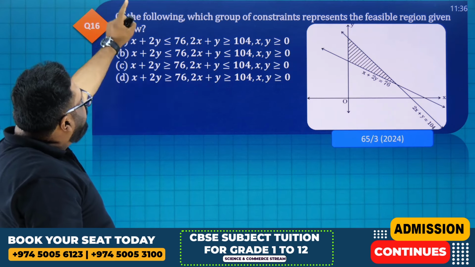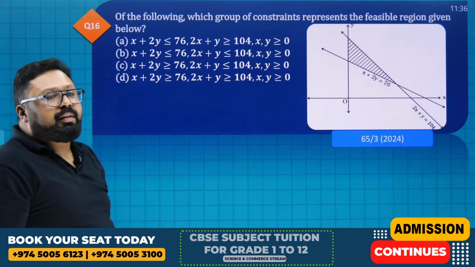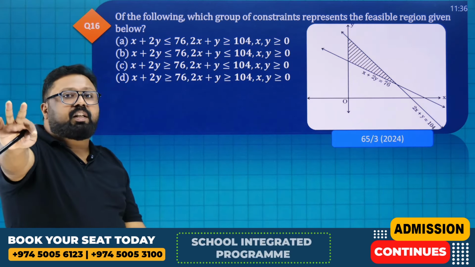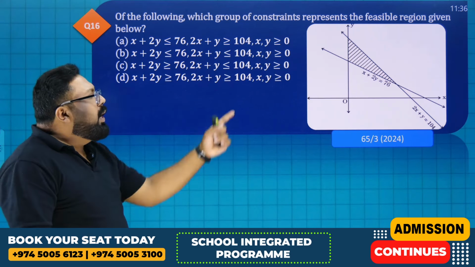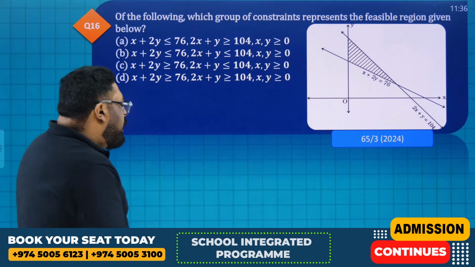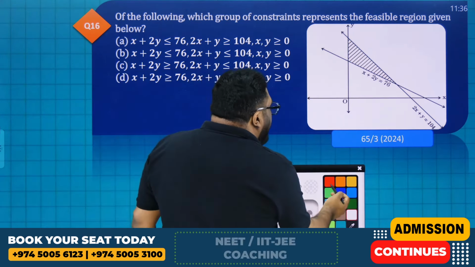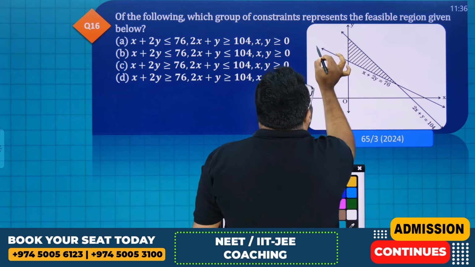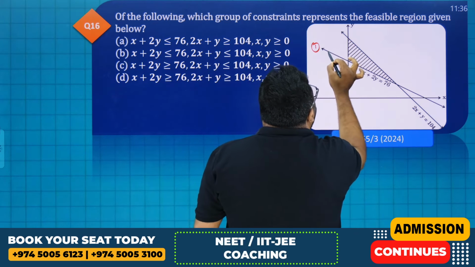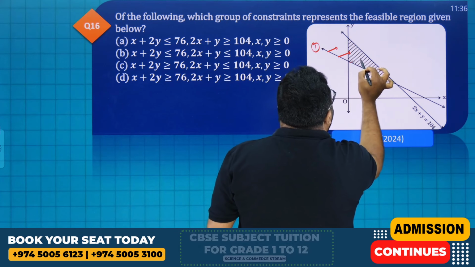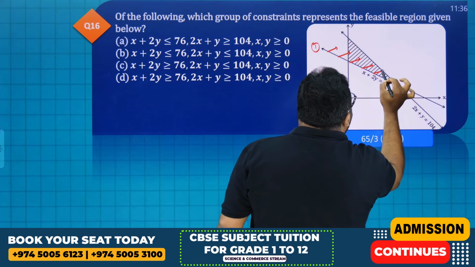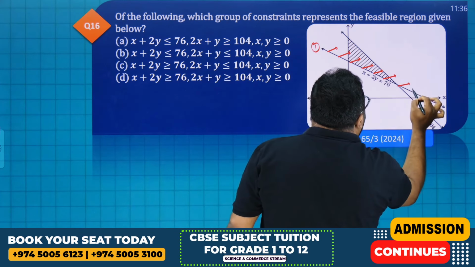So, next question, my dears. Of the following, which group of constraints represents? See, before we did a question with 3 lines. Now we are doing a question with only 2 lines. Now, my dears, look at this. Line number 1, let's say this is line number 1. Line number 1 says, shade everything above me. That is where the shading is staying above that line.